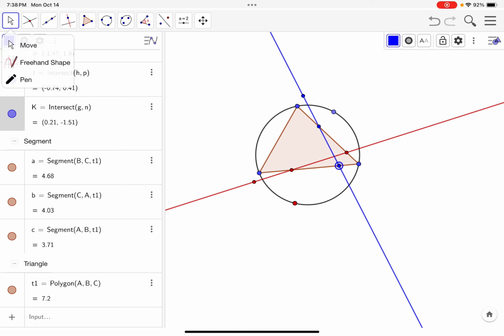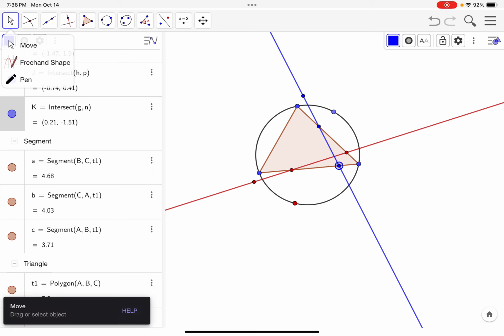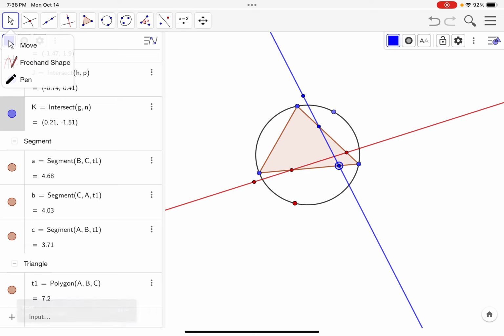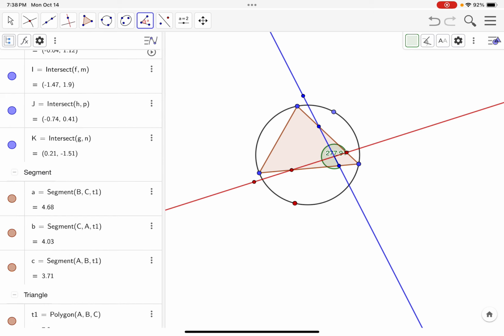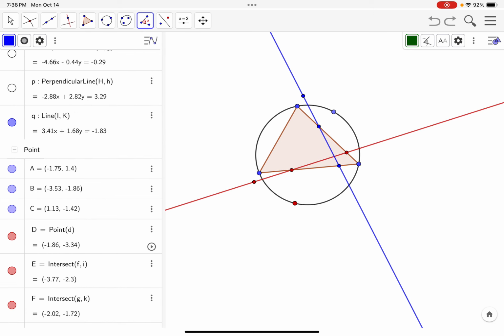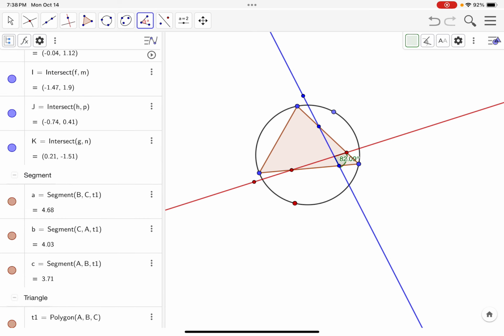And then go ahead and measure the angle between them. So if I have an angle measurement tool and I just click in a counterclockwise fashion, I get the angle between.